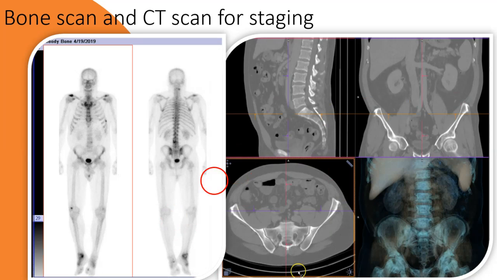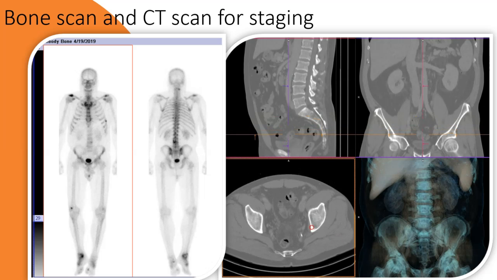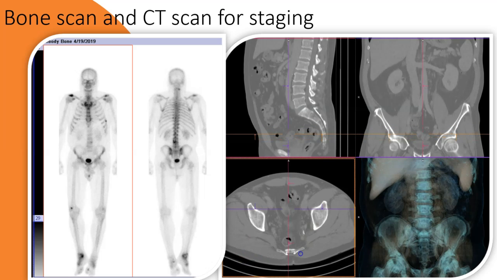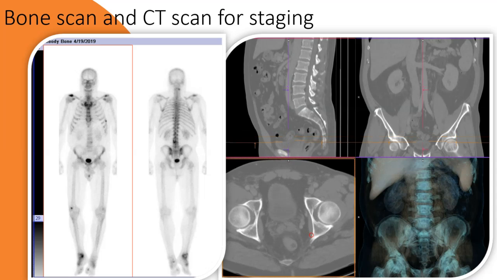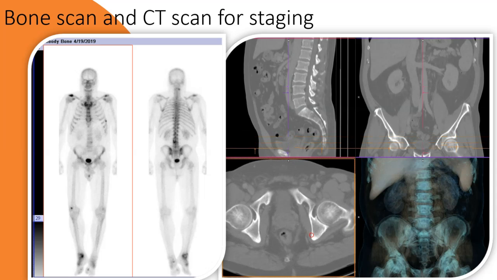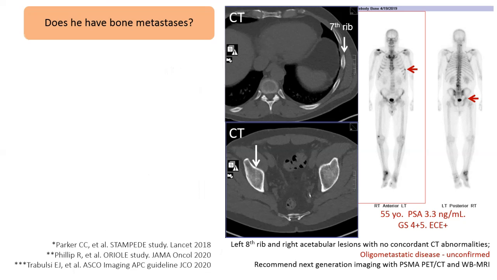How about the lesion in the right acetabulum? Well, if we look at the right acetabulum, it's really quite difficult to see anything. Let's just magnify that up and see if we can see it more clearly. Again, really quite difficult. And then we'll go to the right pubic bone lesion, which was somewhere here. And again, really quite difficult to see if there is metastatic disease.